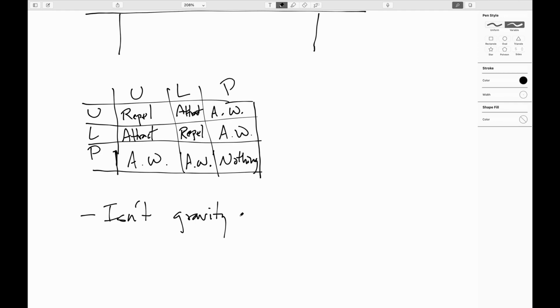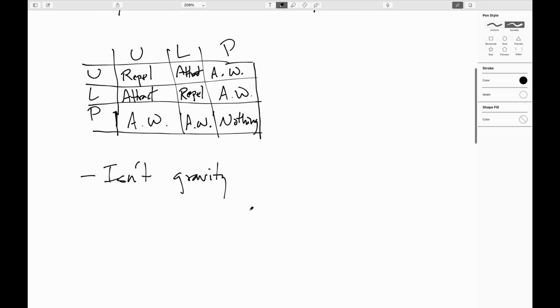So it's something else, so we'll give it a name. We'll call it the electric force. So what else can we conclude about this electric force? One thing we can conclude, or at least start to get an intuition for, is that it's a long-range force.